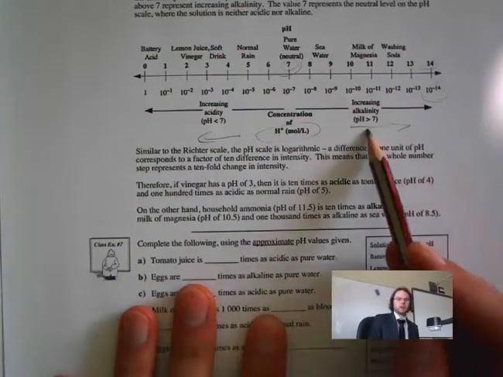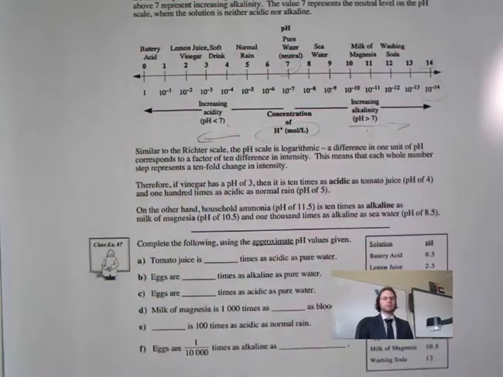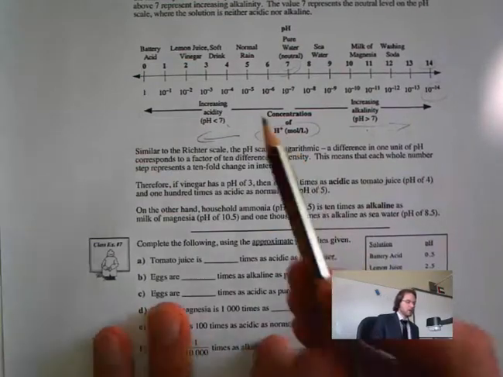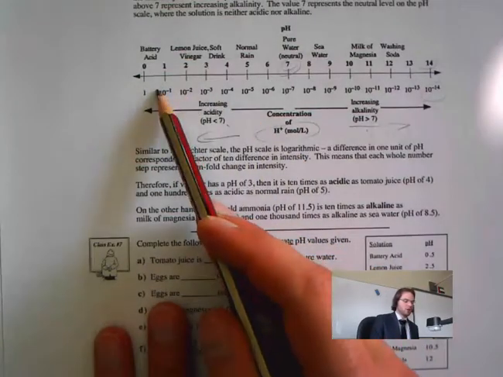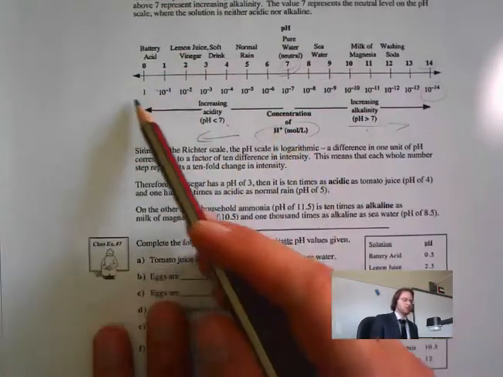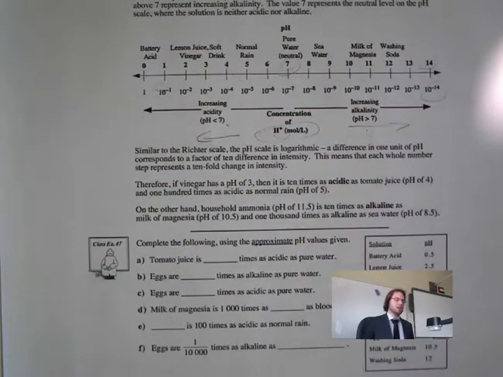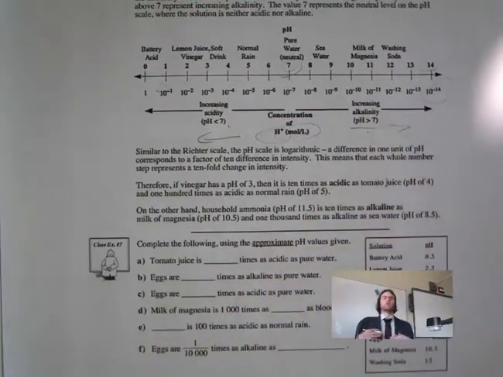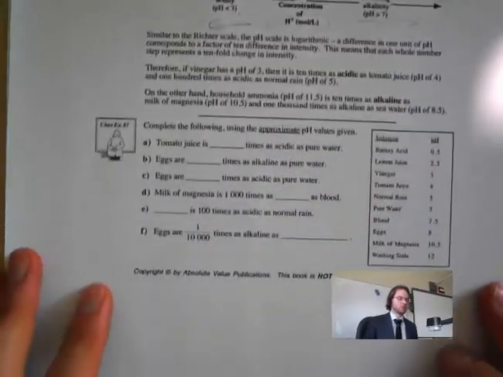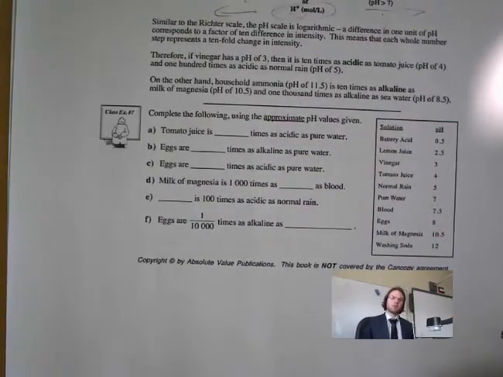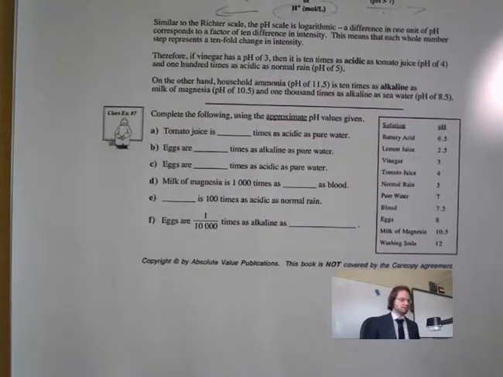So this is more basic, this is more acid. As we look at it, the higher concentration of hydrogen, H+, the hydrogen moles, will create more acidic. And the lower concentration creates more basic. Things will become more basic, or they will be more alkaline.